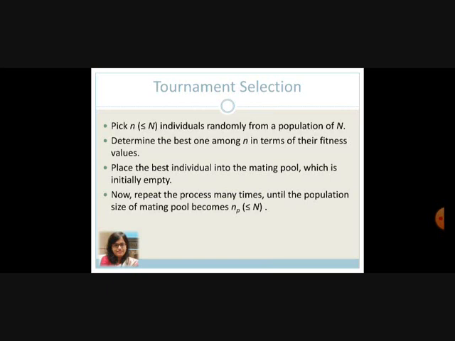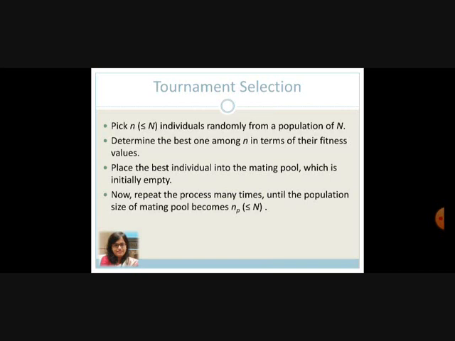Here the chromosomes are going to compete with each other, similar to a tournament. So we need to pick n, that is a small n, which should be less than or equal to capital N, individuals randomly from a mating pool population of size capital N. Now we need to determine the best one among the n in terms of their fitness values.